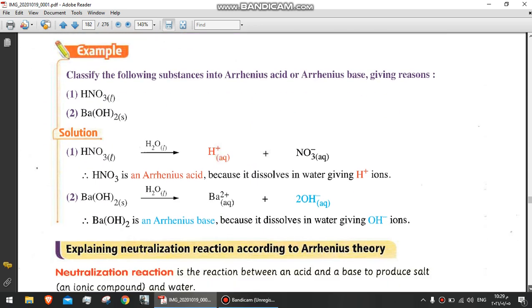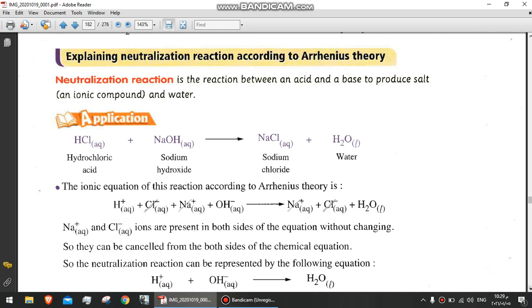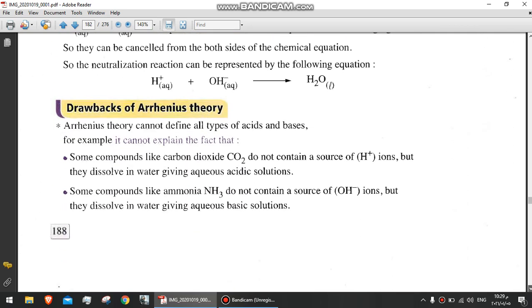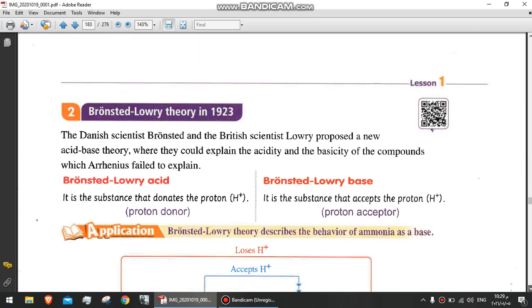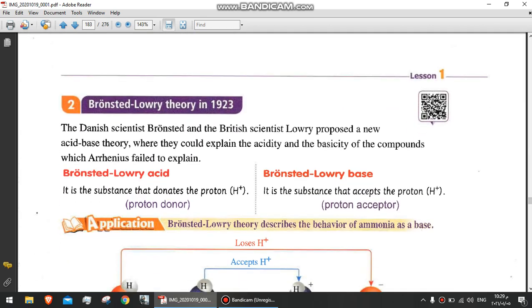Second theory, the Bronsted-Lowry theory, which states that a Bronsted-Lowry acid is a substance that donates a proton. A Bronsted-Lowry base is a substance that accepts a proton, a positive hydrogen ion.